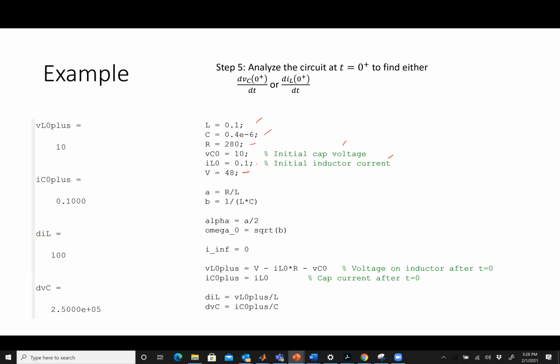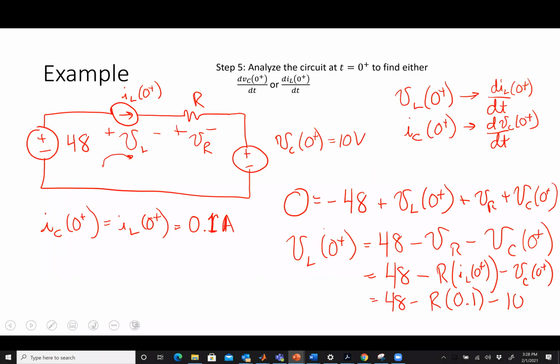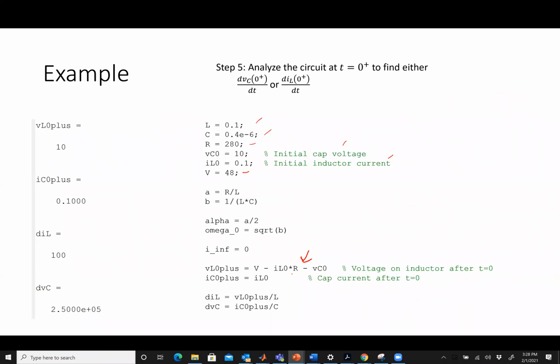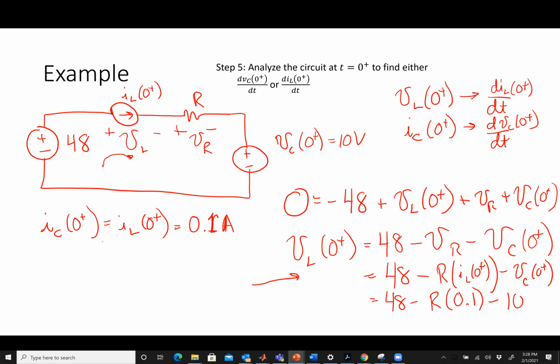You see I've got my equation for VL of 0 plus. This equation is the same as the one I have here, and you can take a quick look later to see that it's the same. And 0 plus is the same as the inductor current, that's this right here.